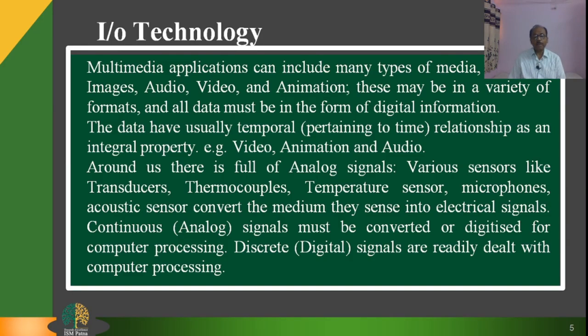And around us there are plenty of analog signals. Various sensors like transducers, thermocouples, temperature sensors, microphones, acoustic sensors convert the medium they sense into electrical signals. Analog, I mean continuous signals must be converted or digitized for computer processing.